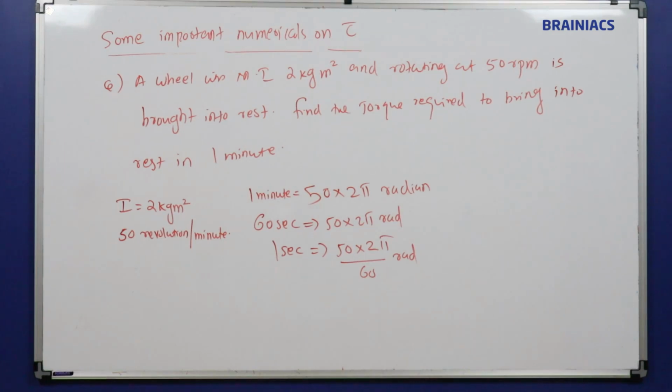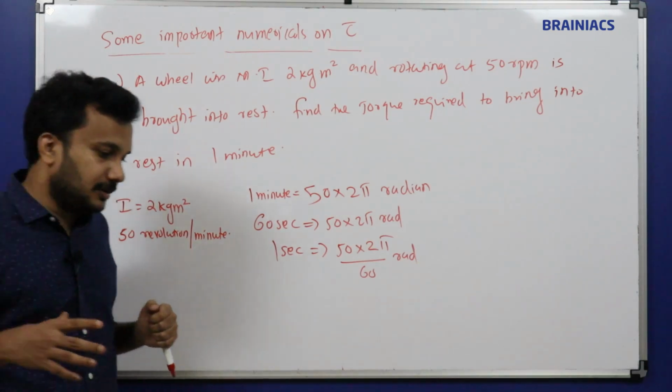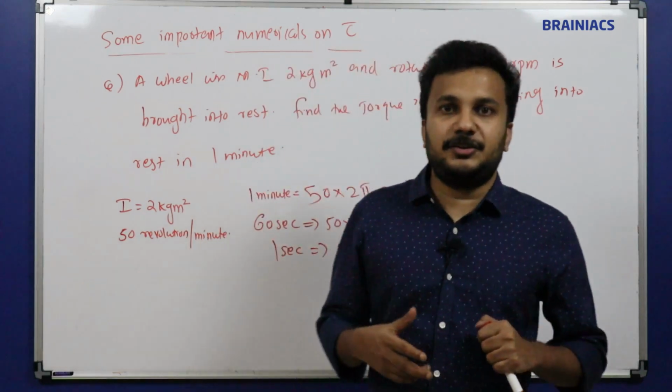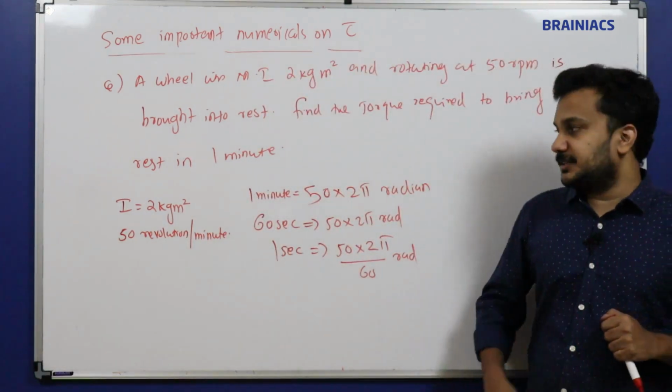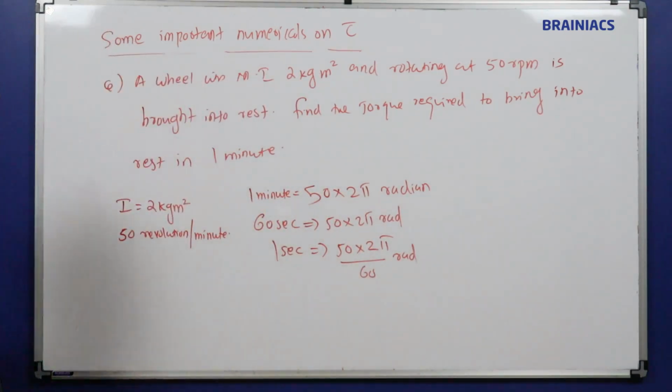What we require is the torque required to bring it to rest in 1 minute. It is brought to rest, so what is the value of final velocity? Final velocity is 0.